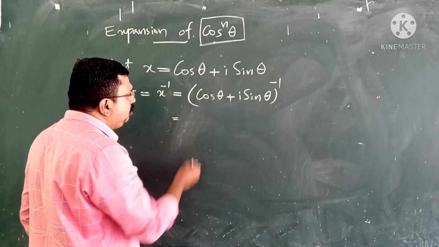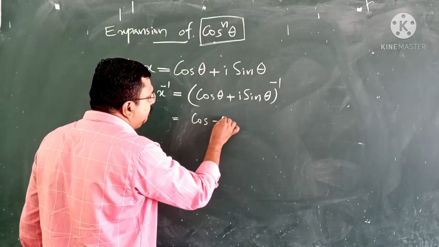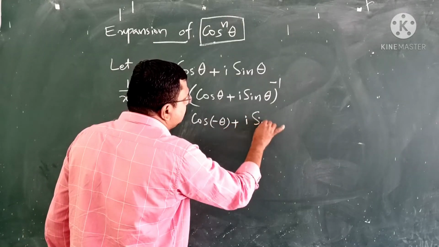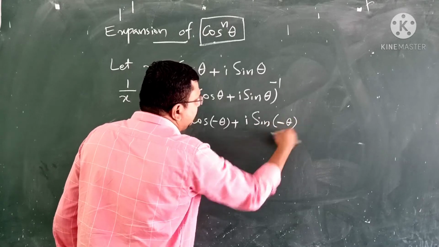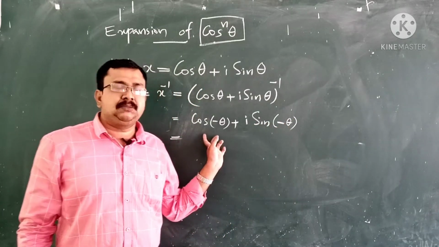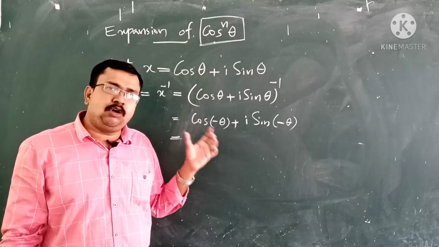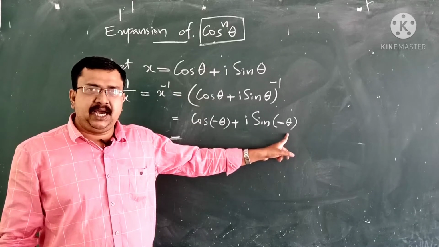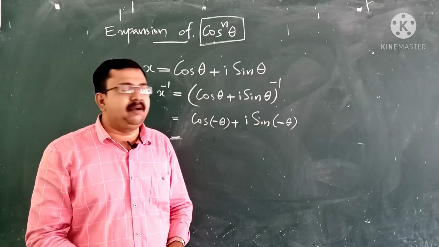That is equal to cos minus theta plus i sin minus theta. We know that cos of minus theta is cos theta and sin of minus theta is minus sin theta.